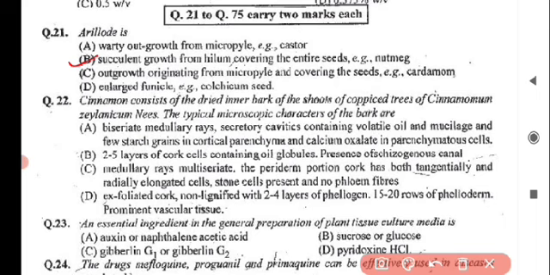Next question is, cinnamon consists of the dried inner bark of the shoots of coppice trees of Cinnamomum zeylanicum Nees, and the typical microscopic characters of the bark are, option A is correct, and the option is biseriate medullary rays, secretory cavities containing volatile oil and mucilage, and few starch grains in cortical parenchyma, and calcium oxalate in parenchymatous cells.